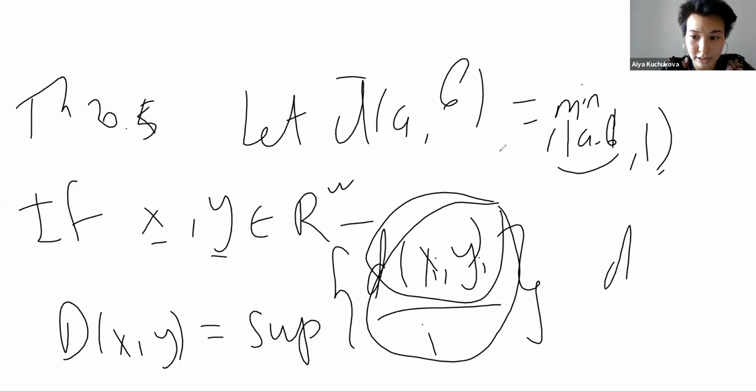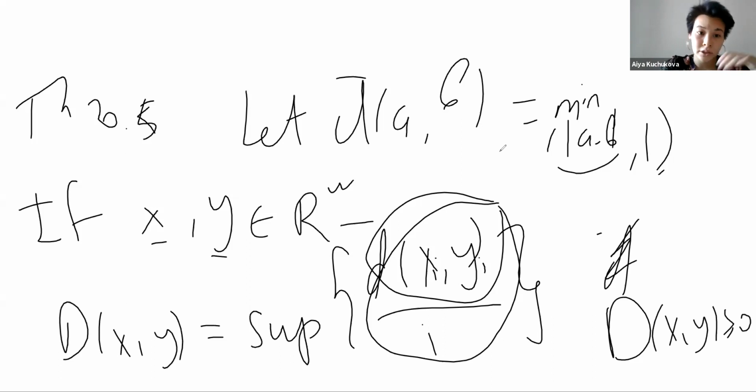So we know that d(x,y) is bigger than or equal to 0. So let's show that when it equals 0, then x and y are equal to each other, right? Well, if this equals 0, it means that the supremum was equal to 0. We take a supremum of non-negative numbers, which means that they all have to be 0 in order for the supremum to be 0, right? That's the same as maximum.